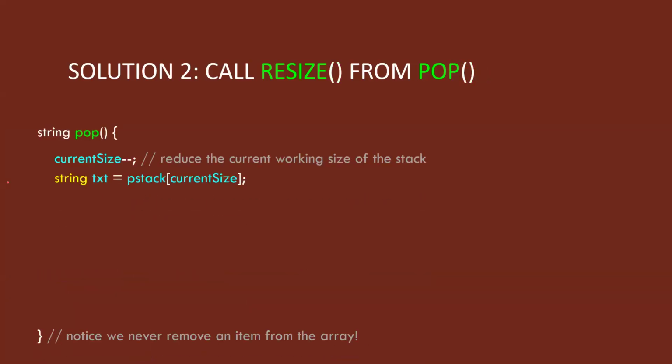And then our resize from pop. So we reduce the current size. We pull the word out of the array, right? And then we check to see whether we need to shrink it. Now notice, just by the way, if I have an array, this is my stack, right?